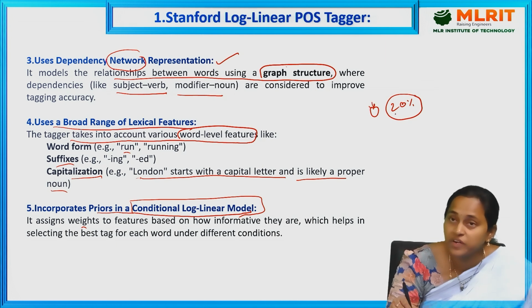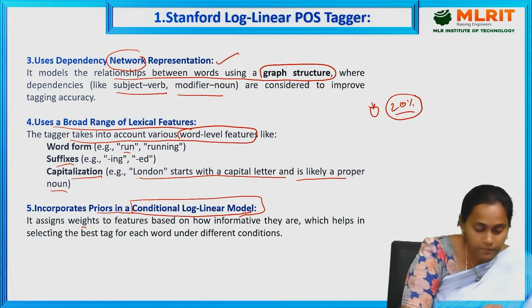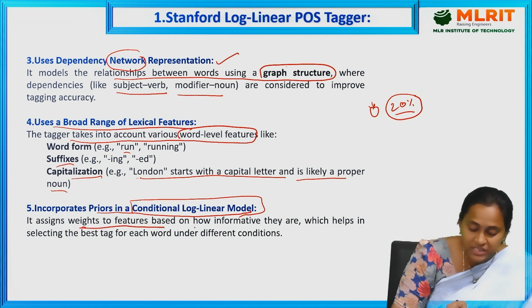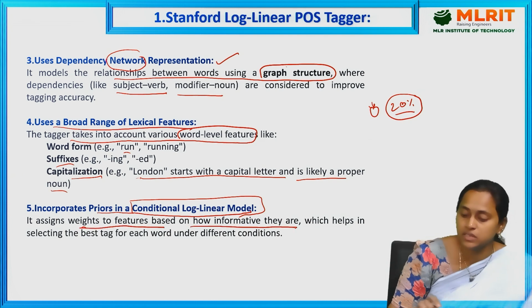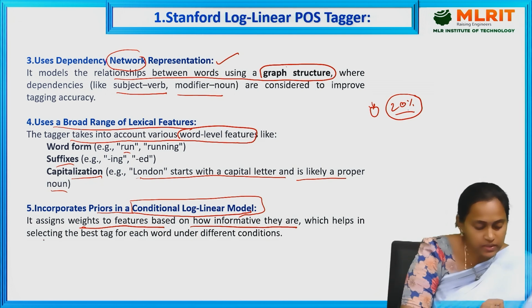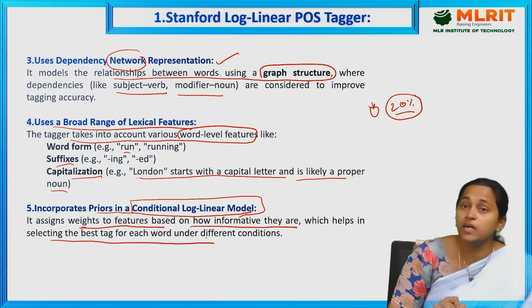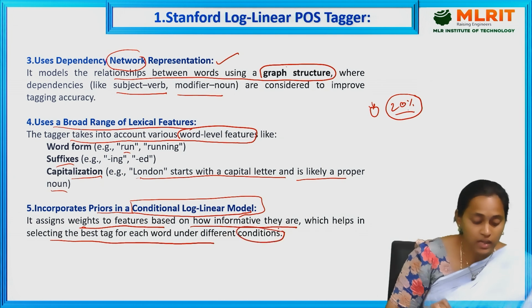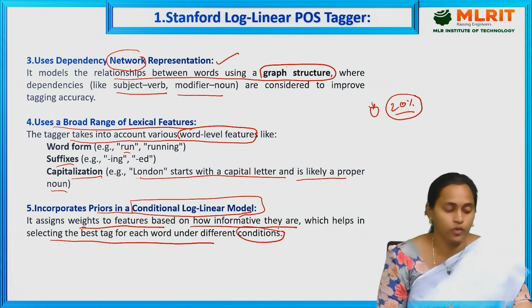I am giving some 20%. Like this, it assigns weights to features based on how informative they are. That means how important the word is in a sentence, which helps in selecting the best tag for each word under different conditions. This is a conditional log linear model.